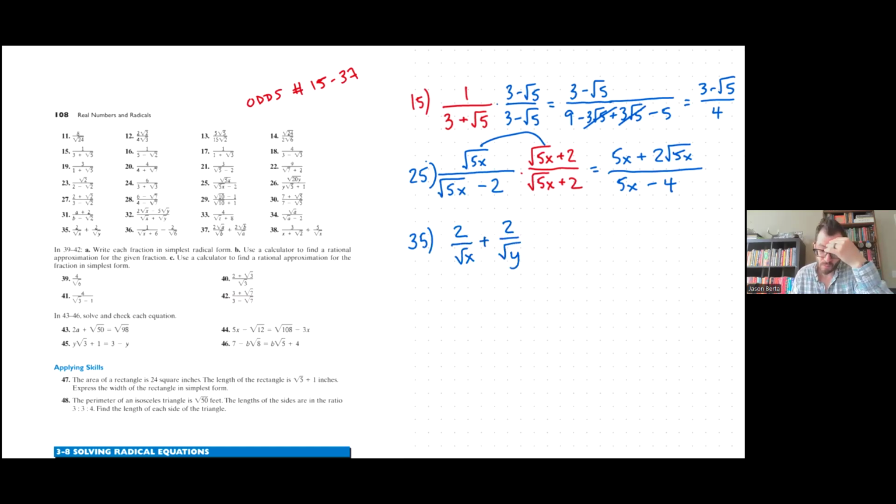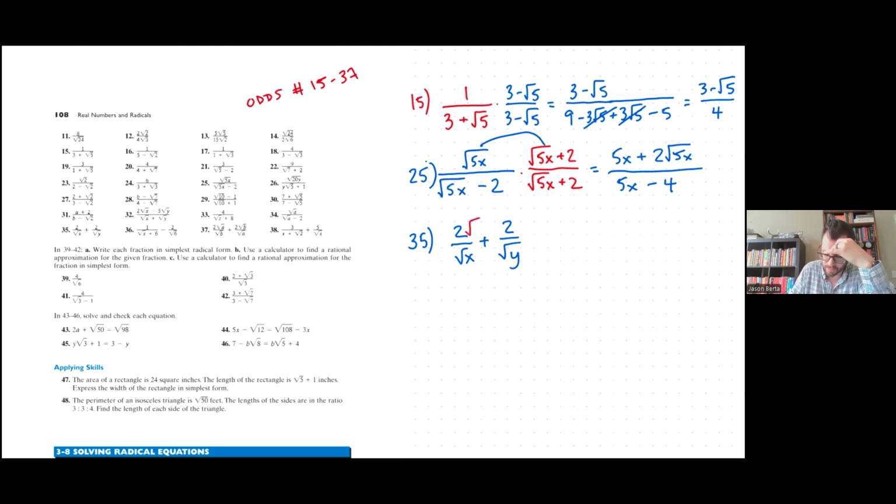What I would do here, first, if we want to merge these into a single fraction, we could multiply each one by its respective denominator.